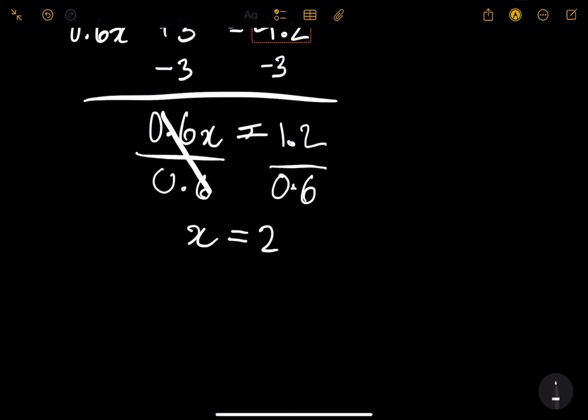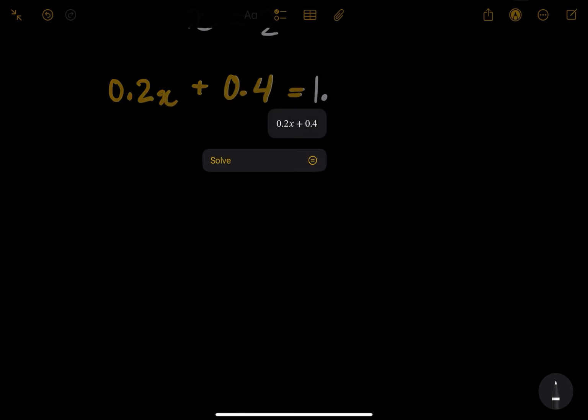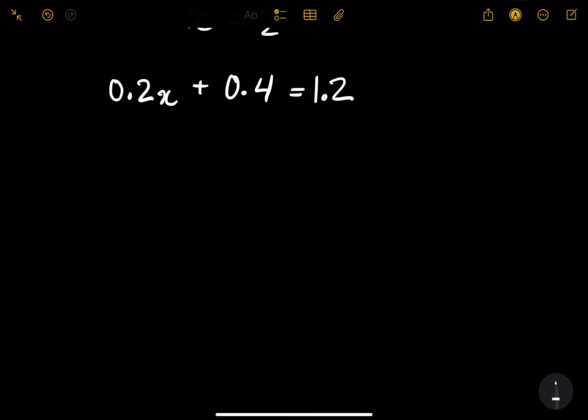A tip is that you can also multiply the entire equation by 10 or 100 to get rid of the decimals. So let's say we have an example like 0.2x plus 0.4 is equal to 1.2. I can see that all of the decimals end in the tenths place.